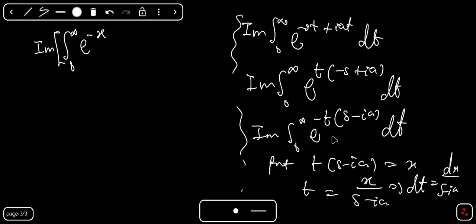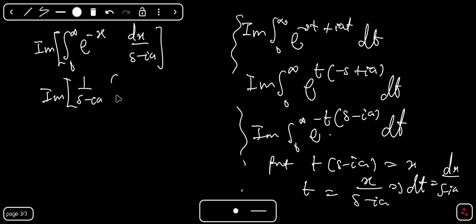Since t times bracket s minus ia is x, then dt is dx over s minus ia. We can bring out 1 over s minus ia, so we have the imaginary part of 1 over s minus ia, then the integral from 0 to infinity of e raised to the power of minus x dx.